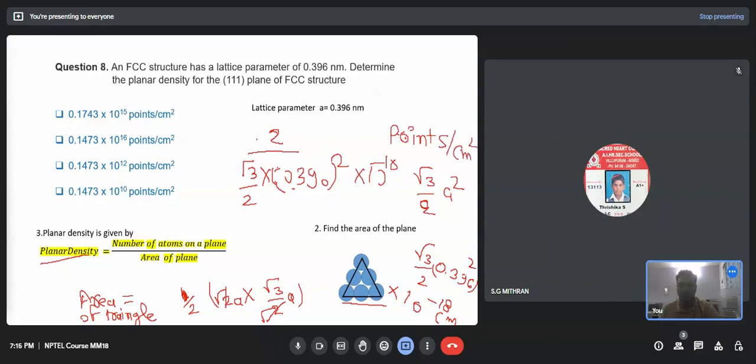Now, after calculation, we'll get this value.